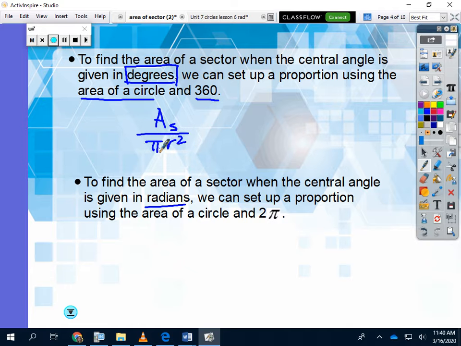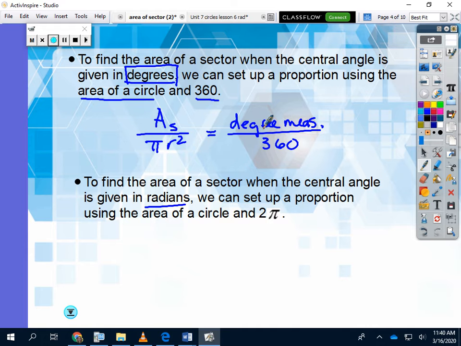Area of the sector over area of the circle is equal to the degree measure of the sector divided by 360. Notice we're using 360 here instead of 180 because we have to use the whole circle for area. So if I know the degree measure, I can divide by 360, multiply by this, and I'll get that.